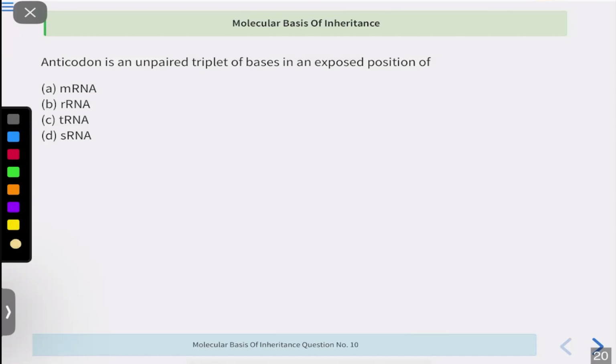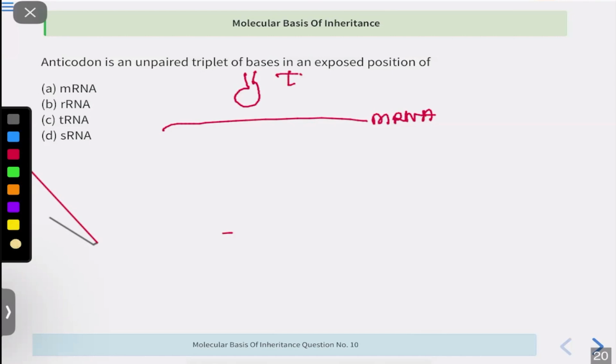Now, this word anticodon, you must have heard this a lot of times. So, there are two things. There is a mRNA, then there is a tRNA.